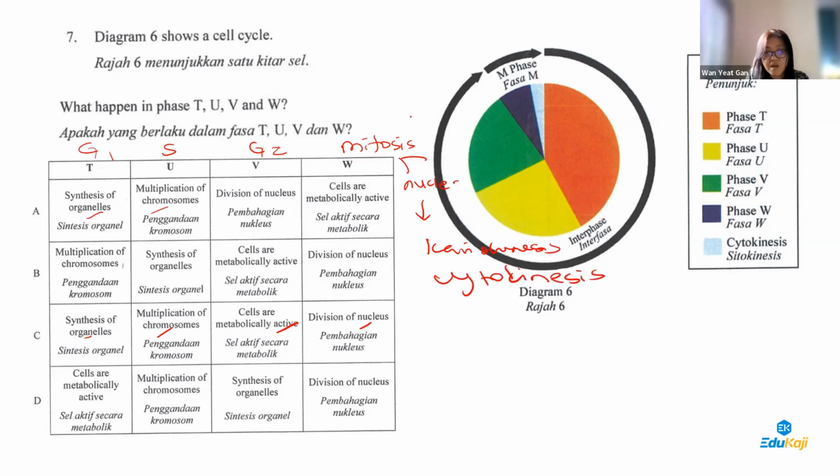So the first part of the M phase, the mitotic phase, is divided into karyokinesis, which is the division of nucleus, and cytokinesis. So the answer is C.